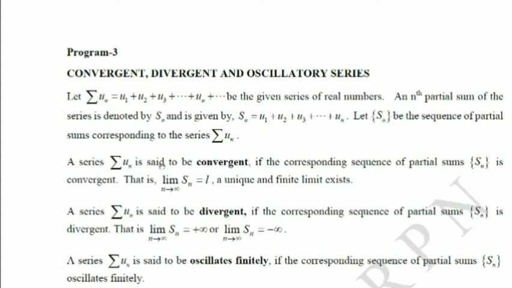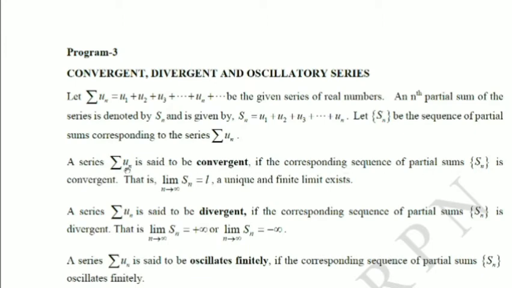Now, when will we say a series is convergent? We knew convergence of a sequence, so we have to define convergence of a series along the same lines. But if you want to say a series is convergent, we have to see the behavior of the corresponding sequence of partial sums.